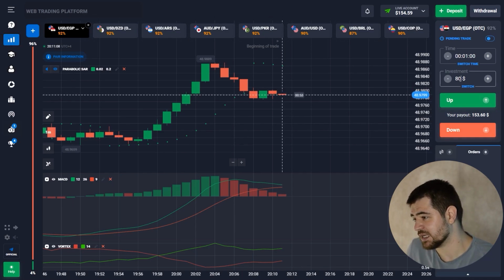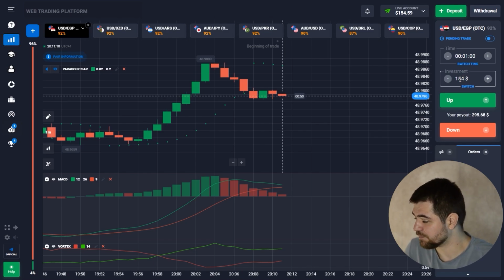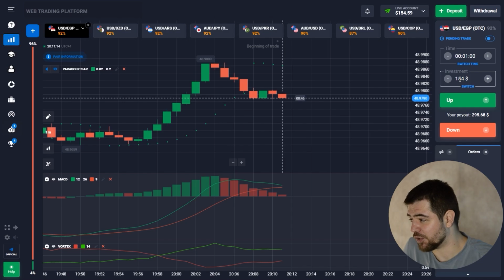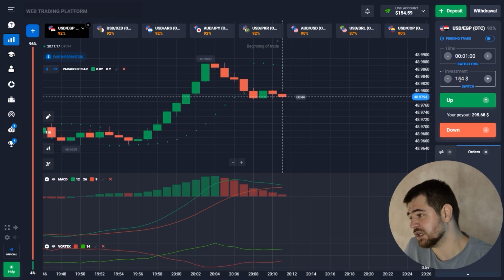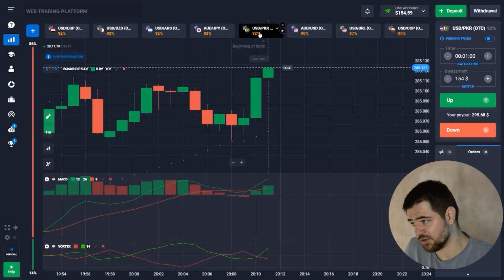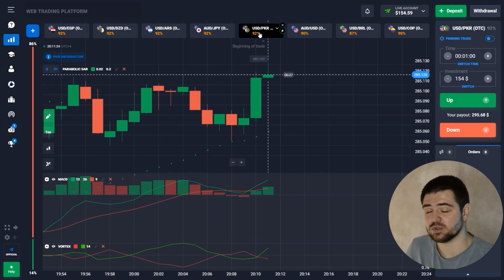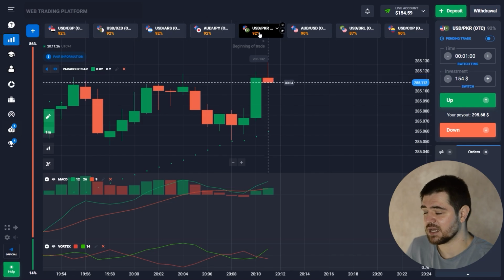So right now I still see that the bear trend continues here. So we broke this support level, the Parabolic SAR dotted line at the bottom. It was actually acting as a support level at this point.